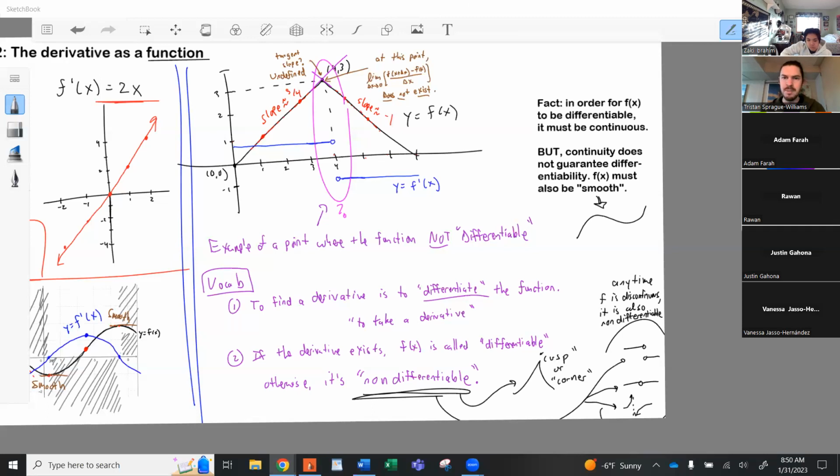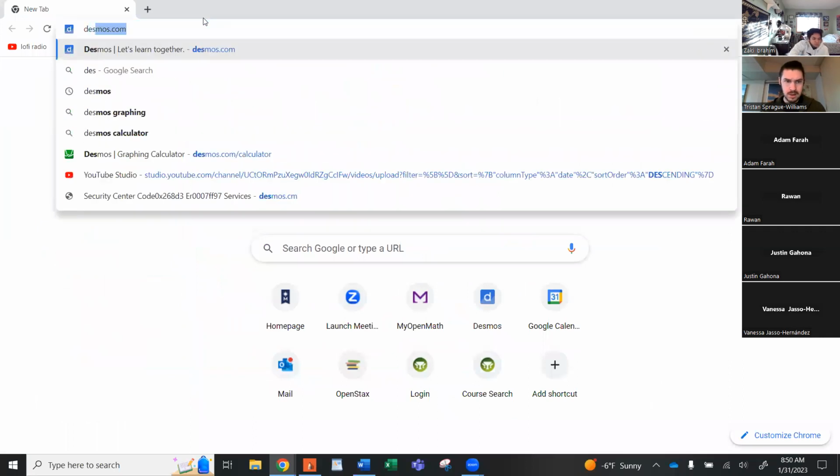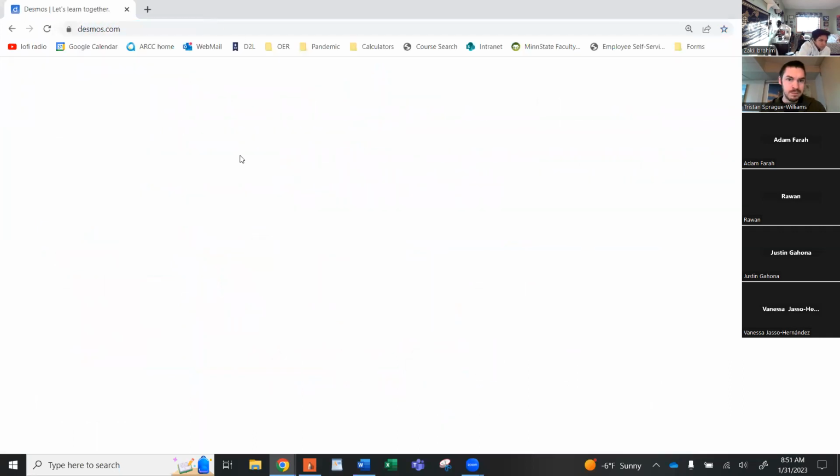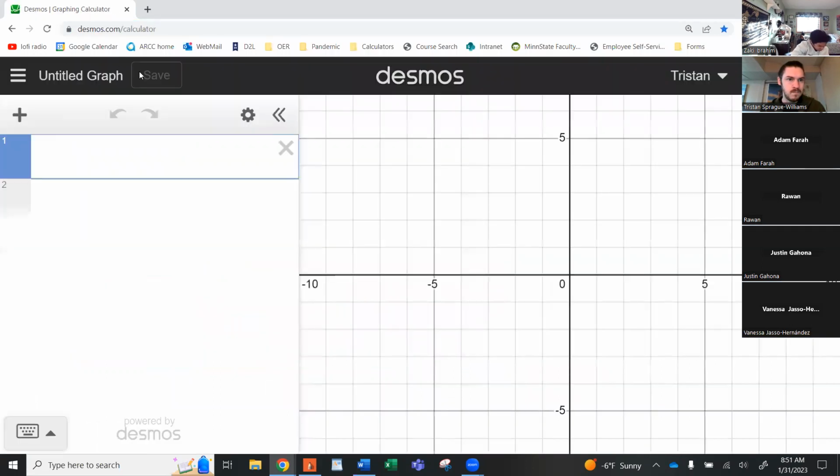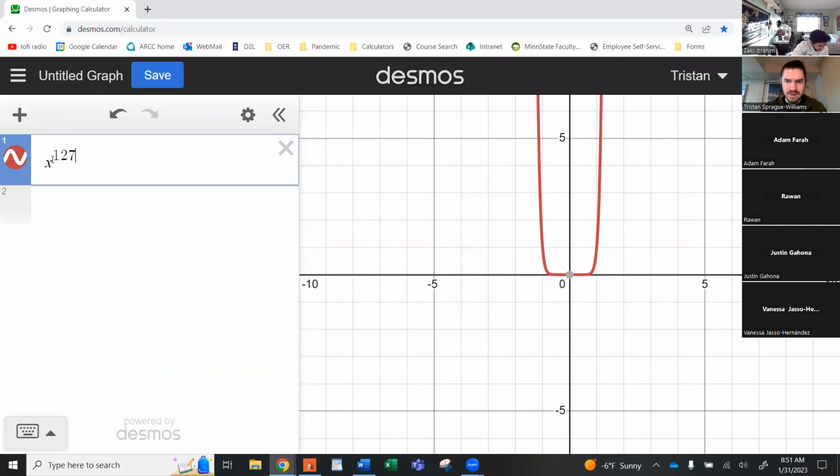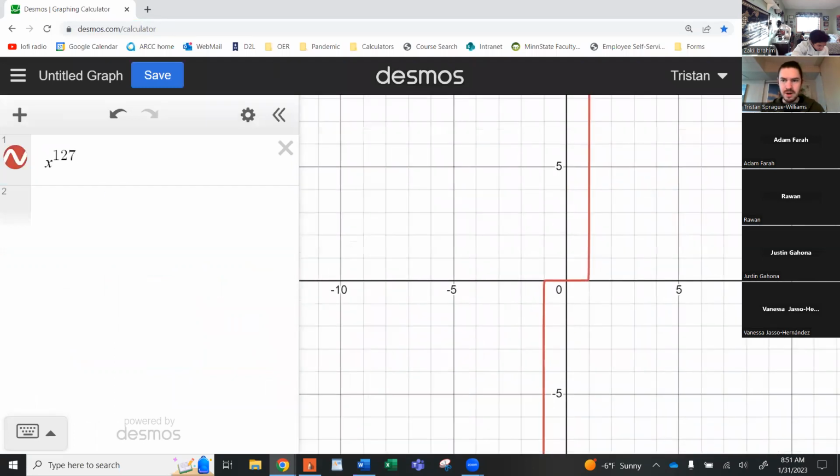So just as an example to finish the day, let's look at something like x to the power 127. If you look at the graph here, it looks like a dog's leg in a road or something.